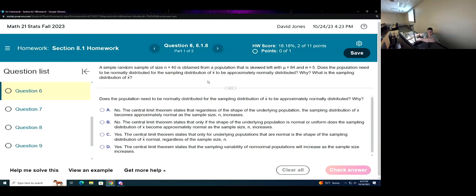It says a simple random sample of size n equals 40 is obtained from a population that is skewed left, with a mean of 84 and standard deviation of 5. Does the population need to be normally distributed for the sampling distribution of X bar to be approximately normally distributed? Why? What is the sampling distribution of X bar?